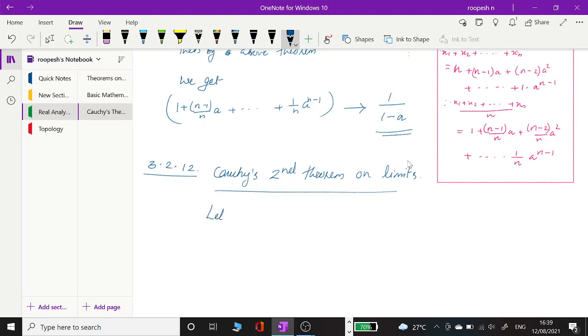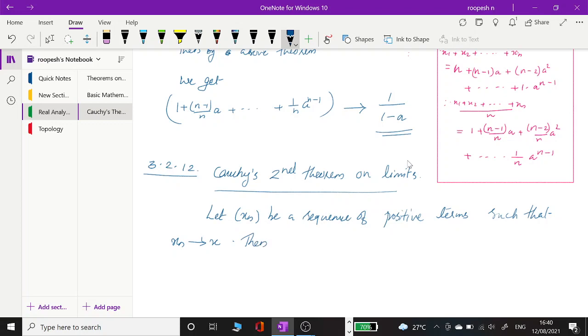Let xn be a sequence of positive terms such that xn converges to x.